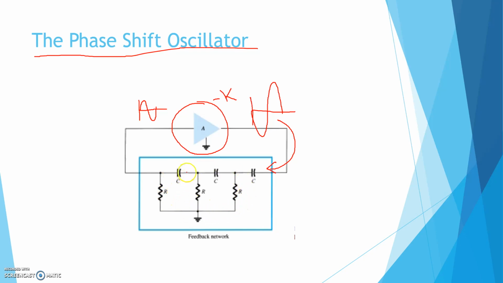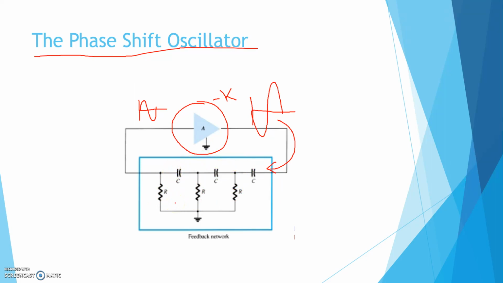This network is basically the feedback network. Why? Because an oscillator is made up of two components. One is the basic amplifier block, another one is the feedback block. The amplifier block has gain minus k, and this is the feedback network, made up of a combination of capacitor and resistor.